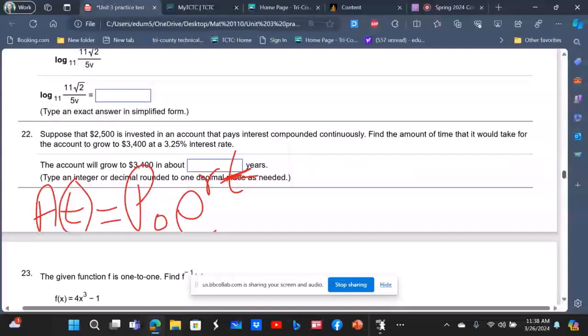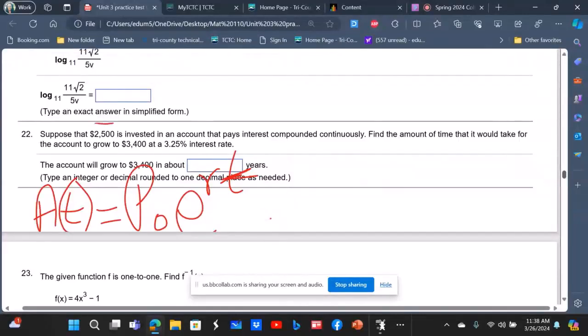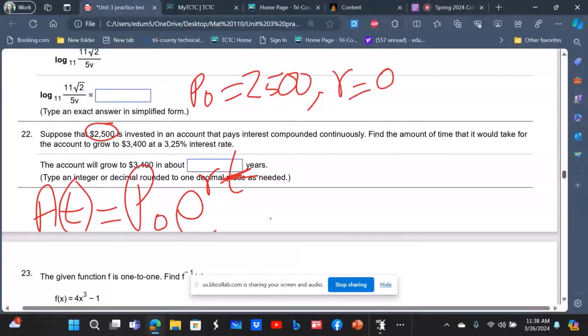All right, now we want to solve this problem. Taking all we are given, P0, the original amount, is 2,500. The interest rate is in percent 3.25, but you have to change the interest rate to decimal, so I'll change it to 0.0325.